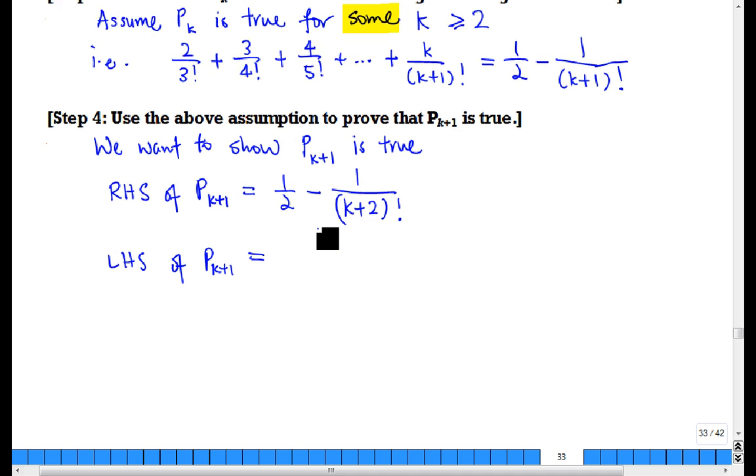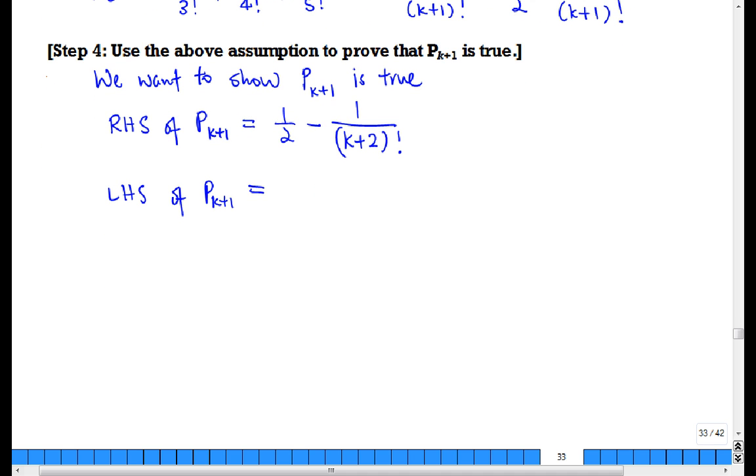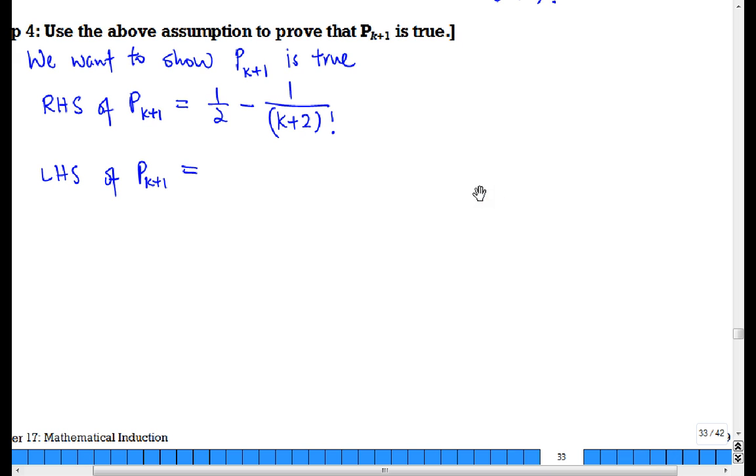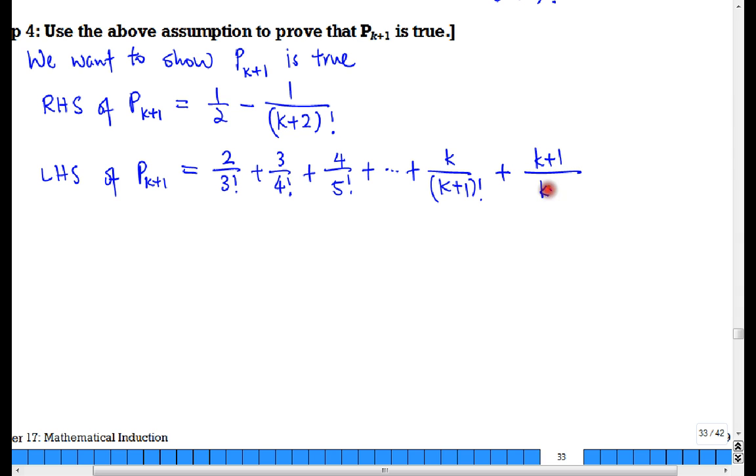Okay. What is left hand side? Left hand side of PK plus 1 is just write lah. Which is we start off with 2 over 3 factorial plus 3 over 4 factorial plus 4 over 5 factorial plus ... plus K over K plus 1 factorial plus K plus 1 over K plus 2 factorial.